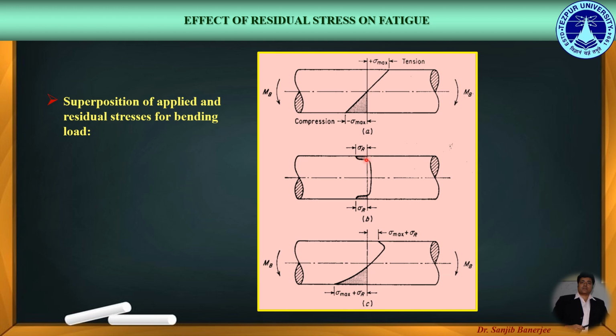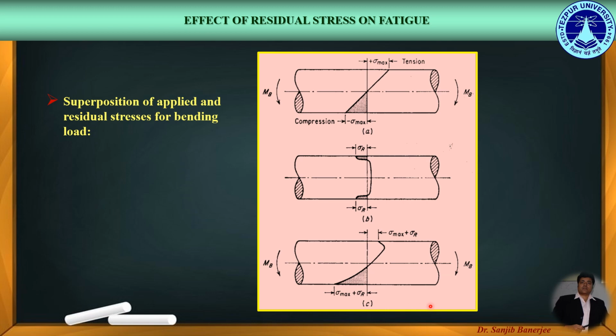Now, we may note over here that the high compressive residual stresses at the surface must be balanced by the tensile residual stresses over the interior of the cross section as shown in this figure.